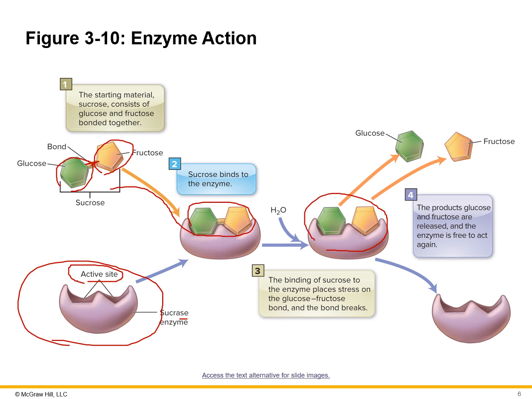Now, it doesn't make something happen that wouldn't happen on its own. It just speeds up the process. So essentially, it's going to break the bond that's holding those two monosaccharides together. It then releases them individually as glucose and fructose. They go on to be metabolized by our cells or stored if we don't need energy. And then the cool thing about proteins is after they're done working, they go right back to their original shape and we reuse them over and over again.